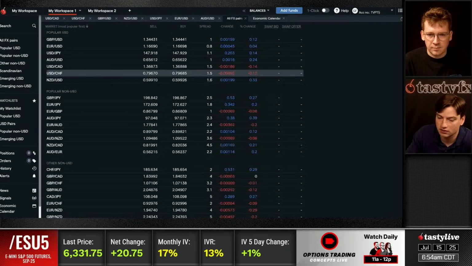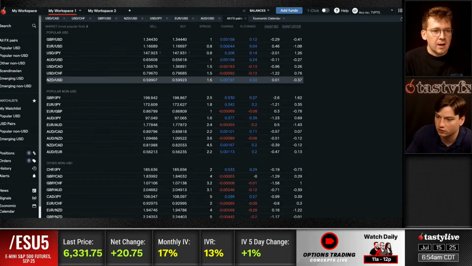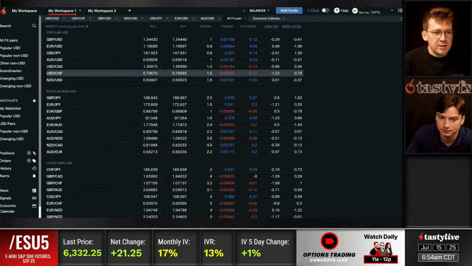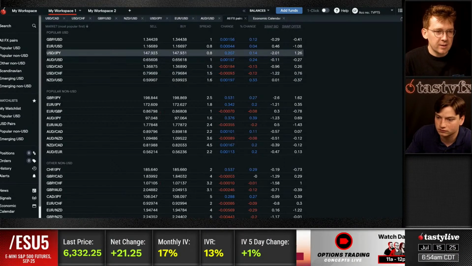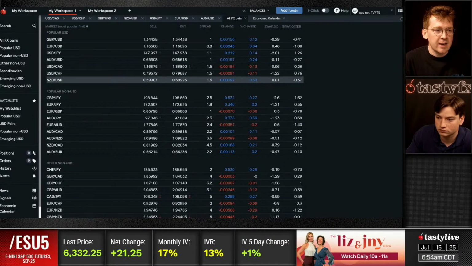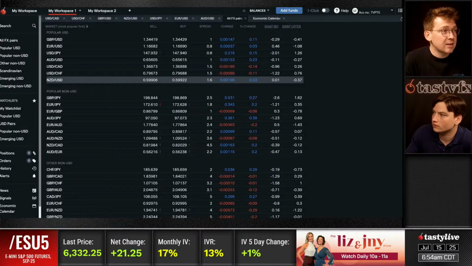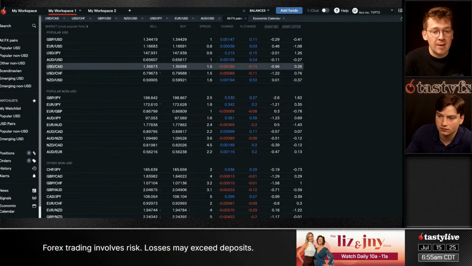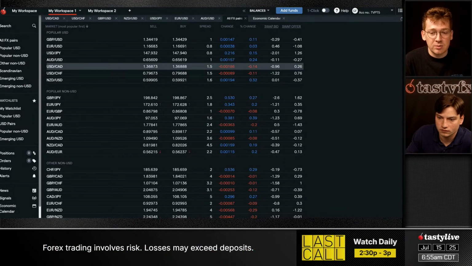Let's check in on where we're situated early this morning. I don't have any crazy thoughts yet. It looks like Aussie and Kiwi are able to fight back a little bit from what they lost yesterday. The only thing I'll say is it feels like the market has changed a little bit. We've definitely at least taken a break from all the dollar selling that we saw throughout April, May, and even into June.